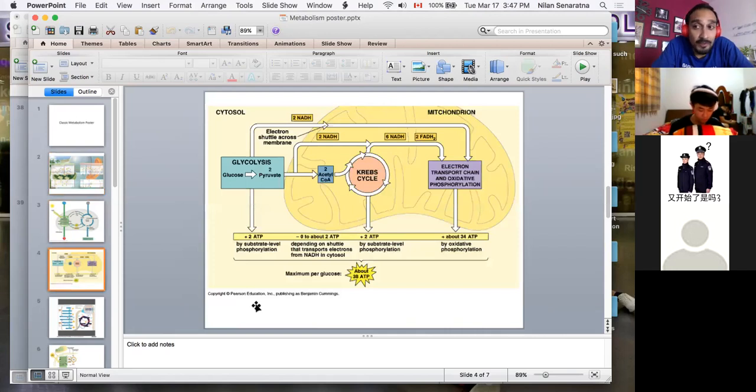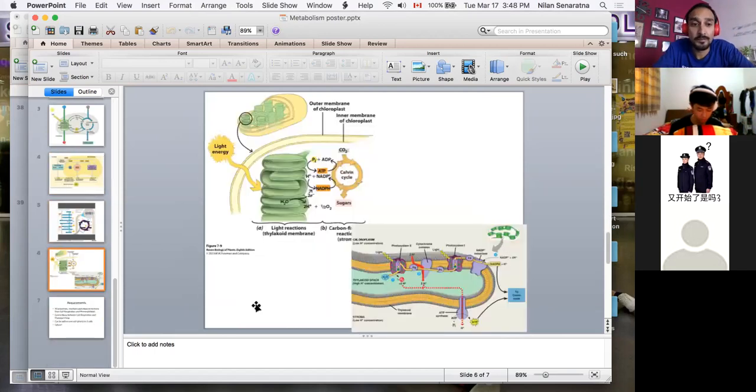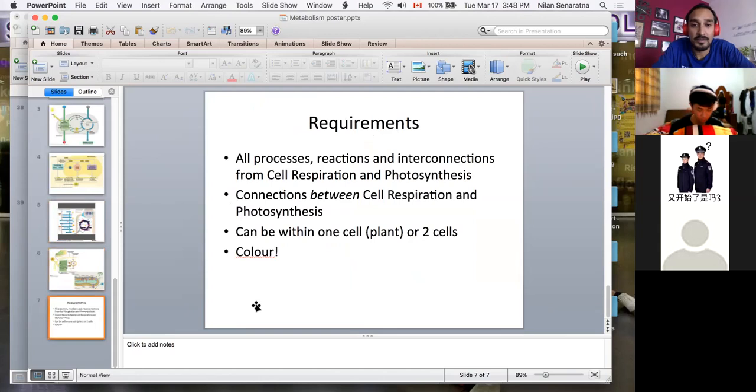I can't really force you to do this, but I highly, highly, highly recommend that you draw the whole thing out, right? So that you have this really big map of how these two things are not only two separate topics, but how they're linked together with each other. Okay, so this is what I would normally ask you to do.